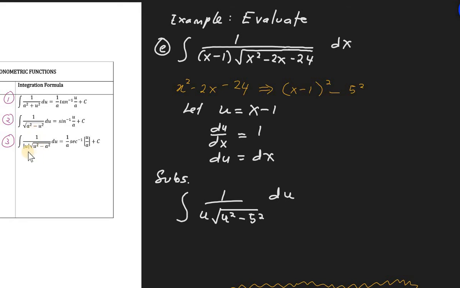Okay, so where do we get this as 1 over? So this is like format number 3, right? As we compare to the format number 3, hence we can just quote the answer. The answer is 1 over a, where a is the constant 5, inverse secant, magnitude of u over a.